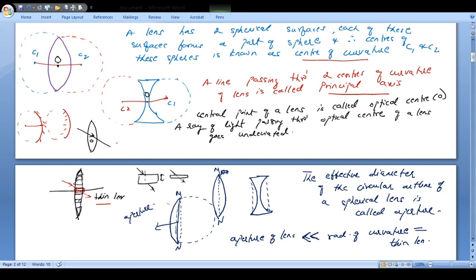देखो radius of curvature को आप यहीं से थोड़ा सा कर सकते हो. See here only, a lens has two spherical surfaces, each of the surface forms a part of the sphere, okay, and here if you यहाँ से अगर आप देखोगे तो आप यहाँ से और यहाँ पे देखोगे, each of surfaces forms a part of a sphere, and the radius of this and the radius of this sphere is called radius of curvature.